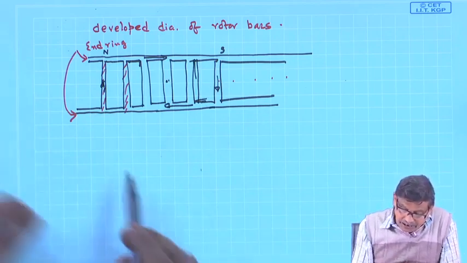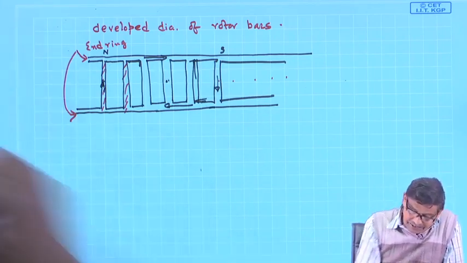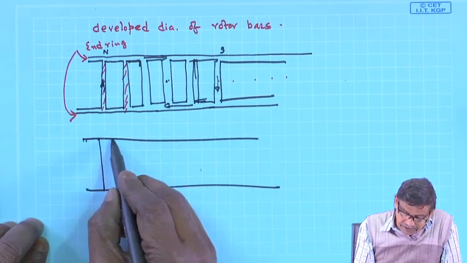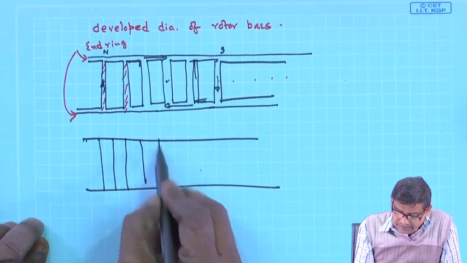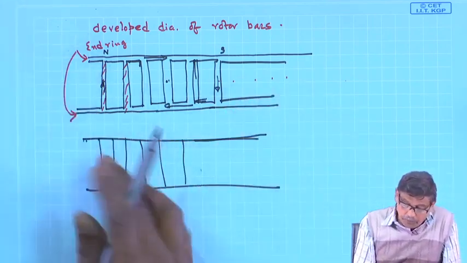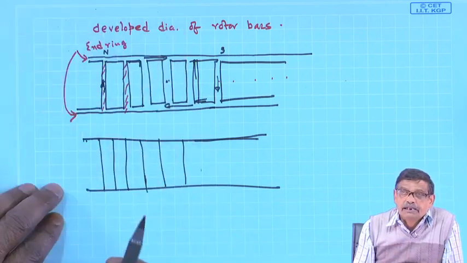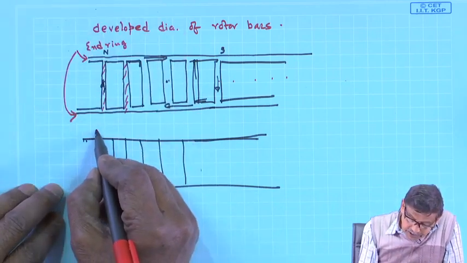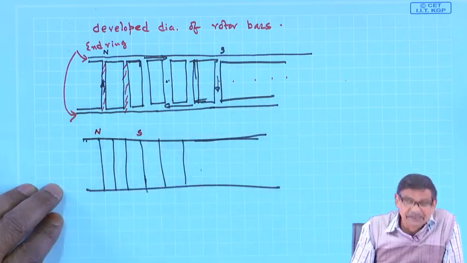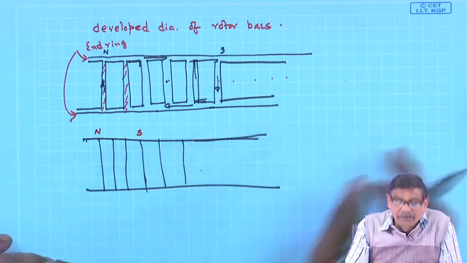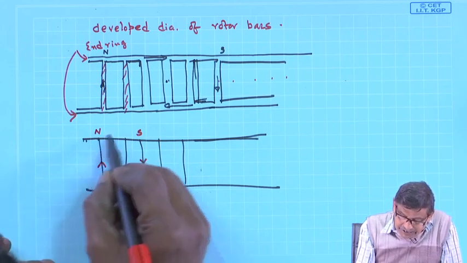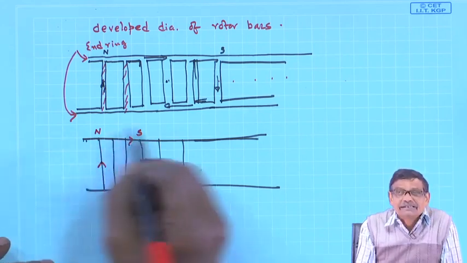Now, what I am trying to tell, I will now draw just like this. This is N ring, and these are your bars, number of bars are present like this. If somebody says he is accommodating more poles created by the stator winding you have changed on the stator, suppose this fellow is under north pole, the next peak of the south pole is suppose here. Once again north south. Here this conductor will feel, oh, my return conductor is here, I should circulate current like this.